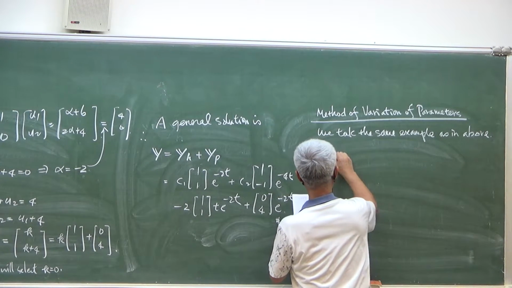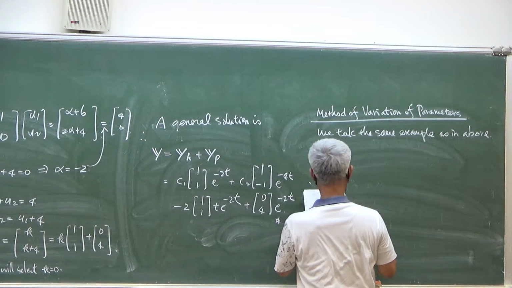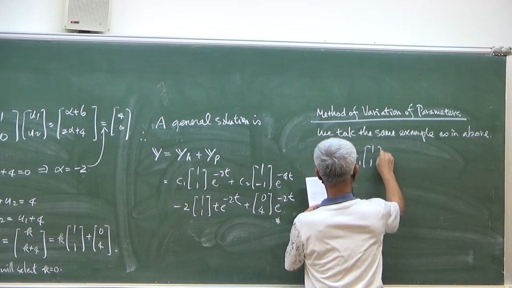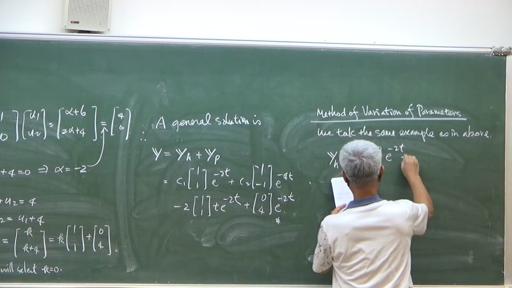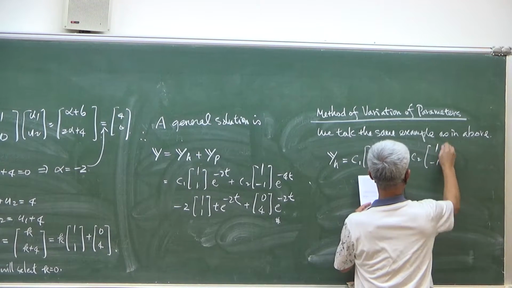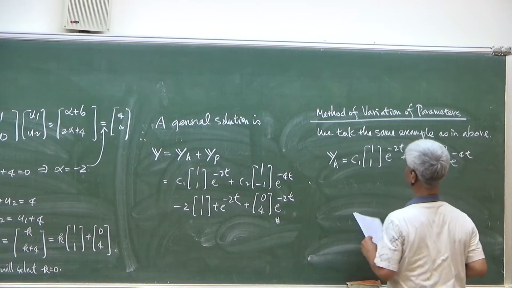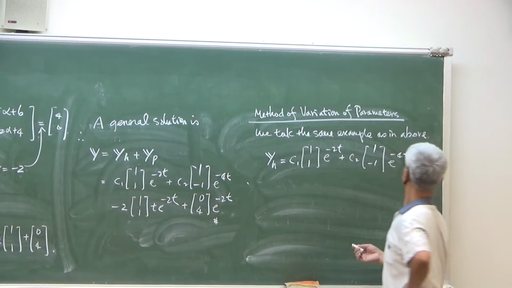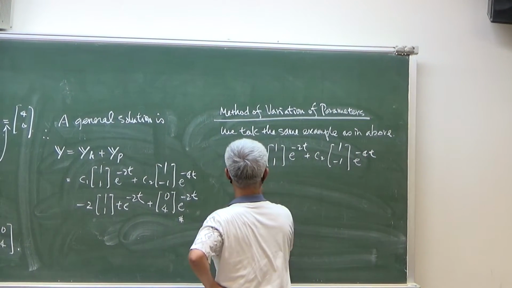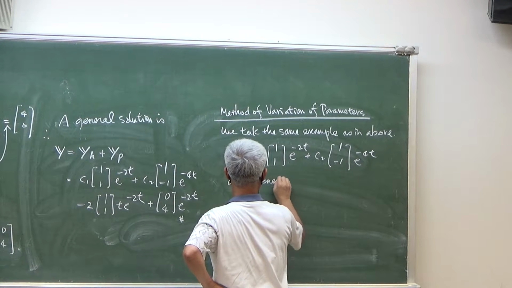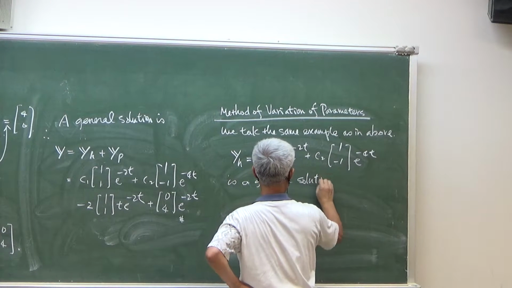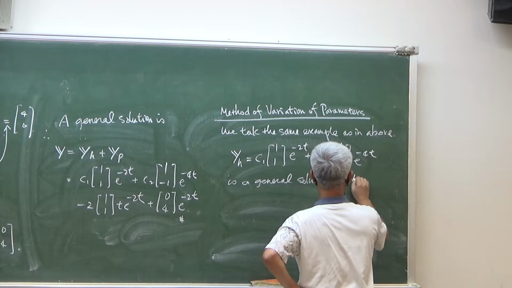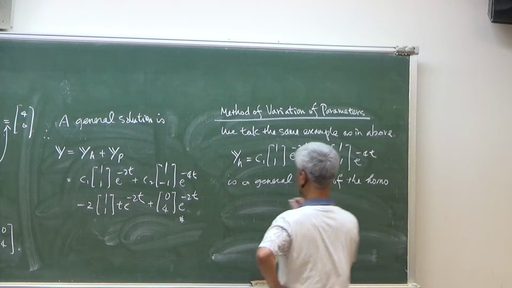So now we already have y_h, c1 (1, 1) plus c2 (1, minus 1), a general solution of the homogeneous linear system.